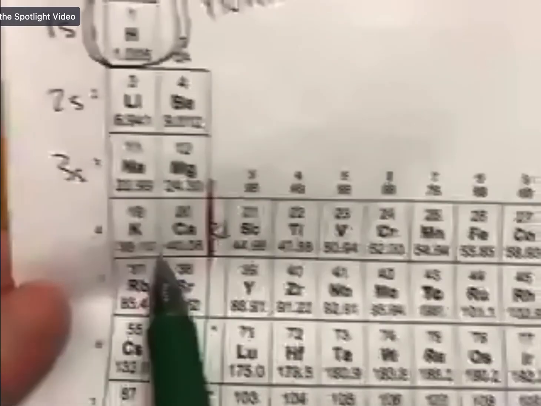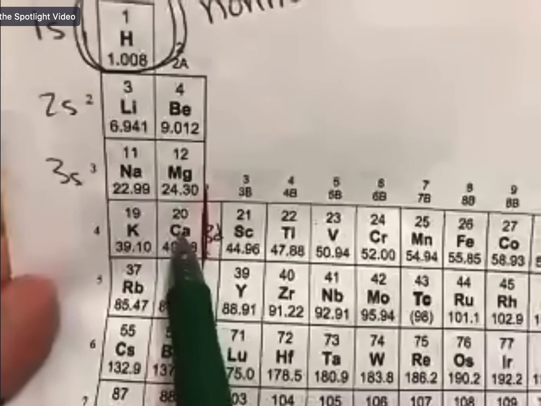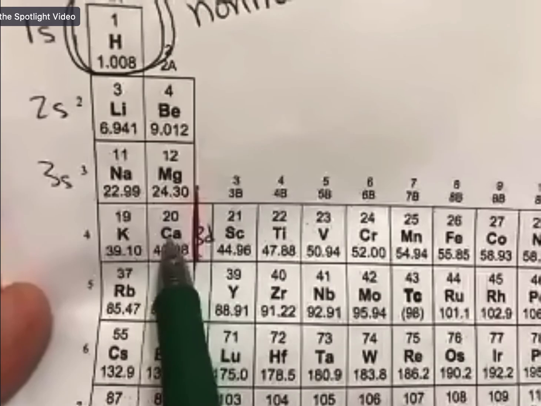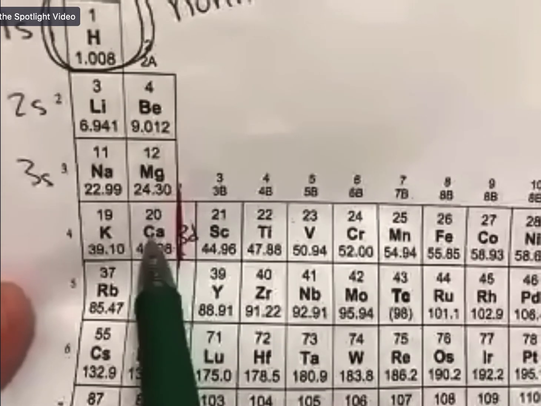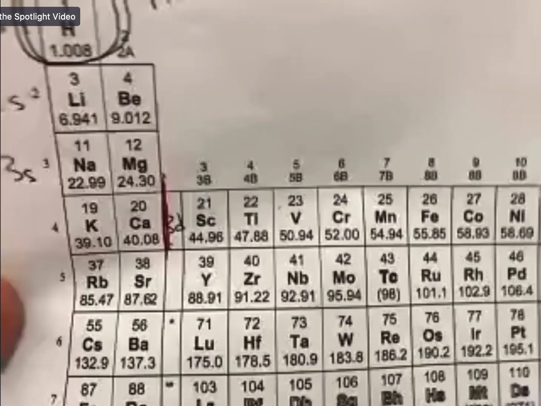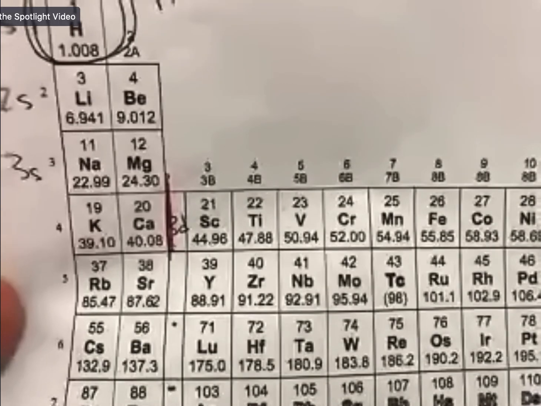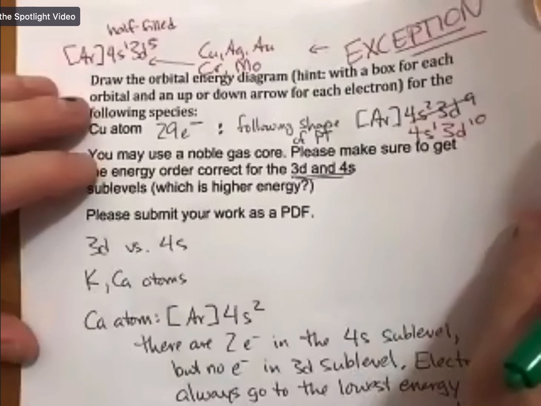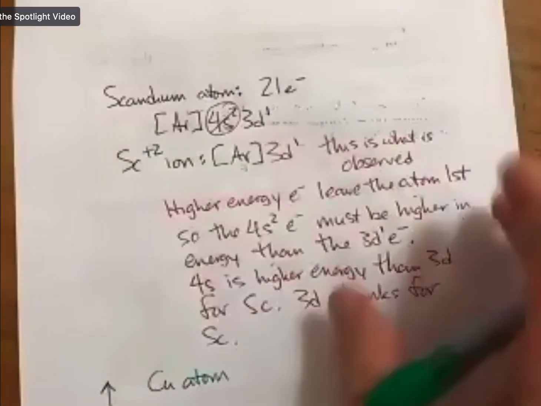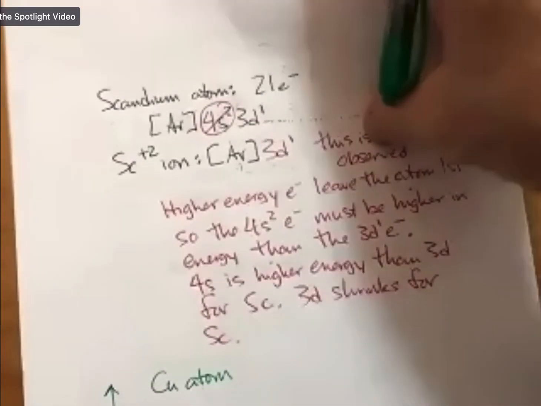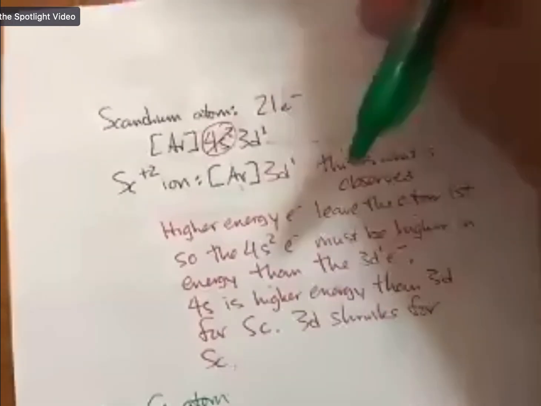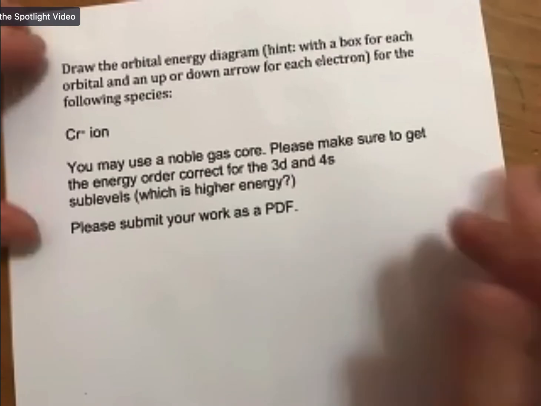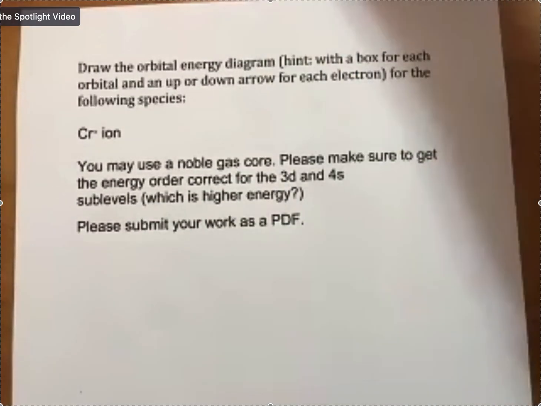And then at calcium and before, 3D is higher in energy than 4s. So 4s would be lower. Okay, thank you. Sure. Any other questions? Okay. I think we can stop going on.